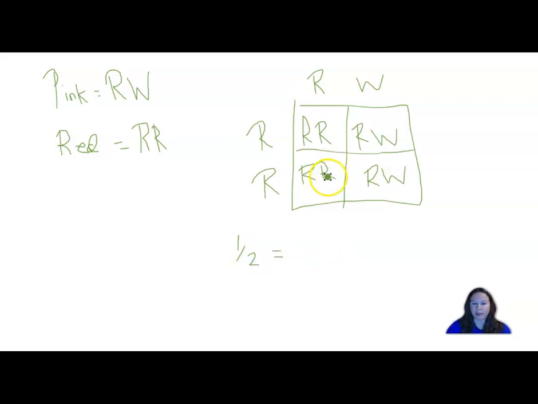So I would expect half of the offspring with this cross to be red. That would be the same genotype, big R, big R. And then I would expect 1/2 to be pink. So RW. All right.